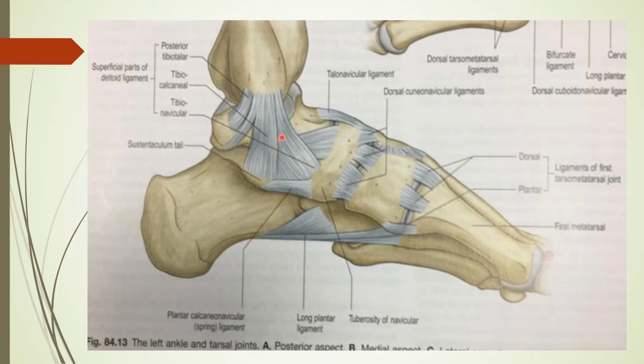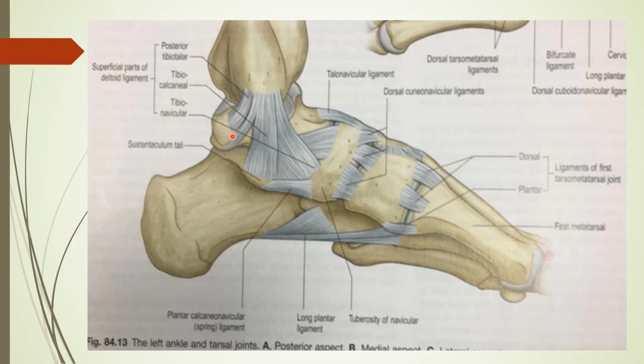Then there is the anterior part, which connects with the navicular bone. This one is the navicular bone and it connects with this, so the name given is the tibionavicular part. So the anterior part connects with the navicular bone, the middle part connects with the sustentaculum tali of the calcaneus, and the posterior part connects with the medial tubercle of the posterior process of the talus.